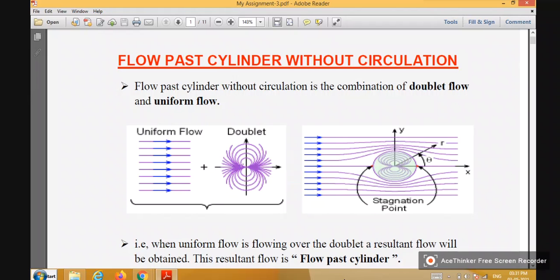It is in this direction, and those two combinations will be like this. These are the stagnation points of this flow, and when this uniform flow is flowing over the doublet, the resulting flow is obtained as flow for cylinder.